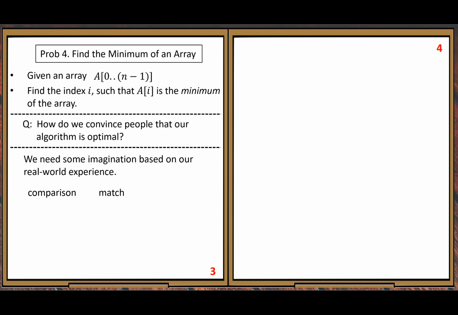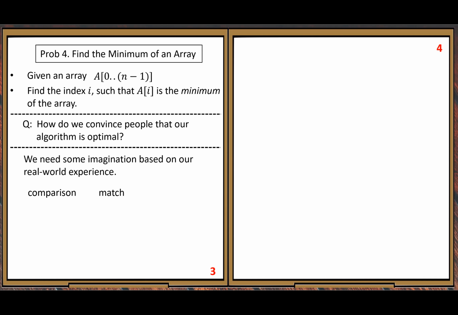In sports games, people play matches, right? Each other, opponents. So one player wants to beat another one. So here, can we use that activity for comparison? They are similar.